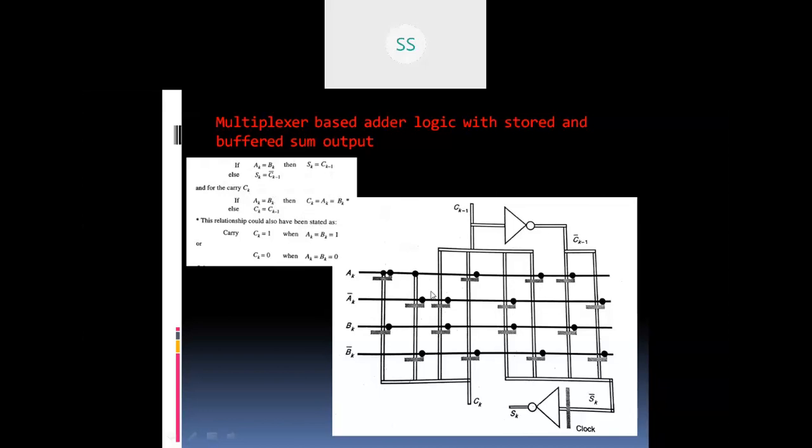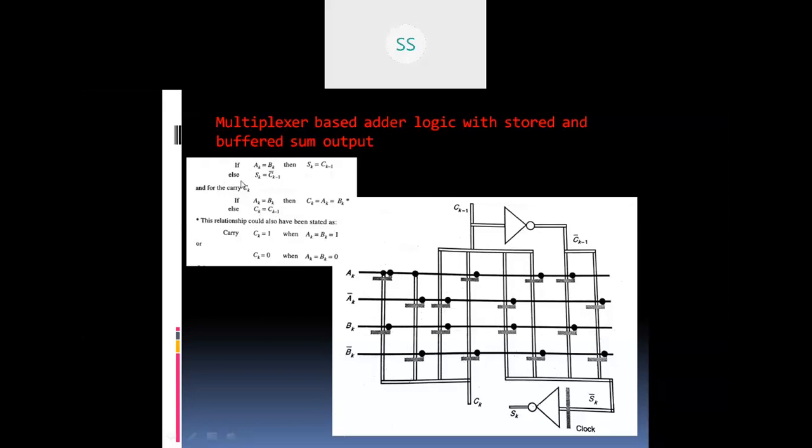It is based on multiplexing operation, so that's why it is called multiplexer based adder logic with stored and buffered sum. Now in order to realize this, certain conditions are used here.